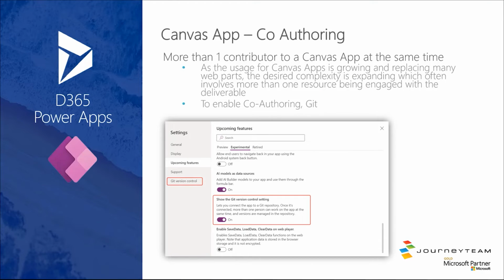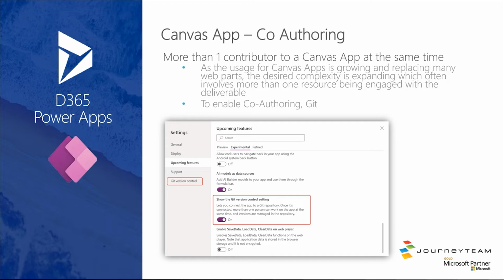All right, so Canvas app co-authoring. What I talked about a little bit earlier is that Canvas apps are becoming increasingly prevalent within our customers, in the different ways they're using them, simplifying experiences, maybe a mobile Canvas app, across the board.